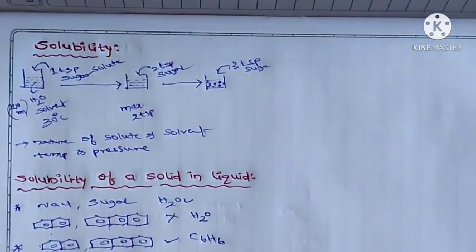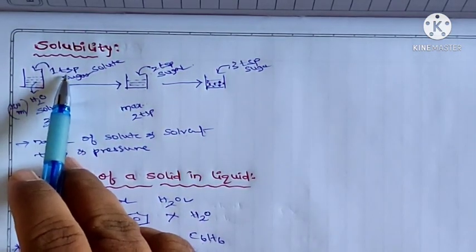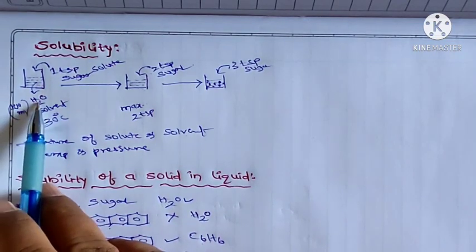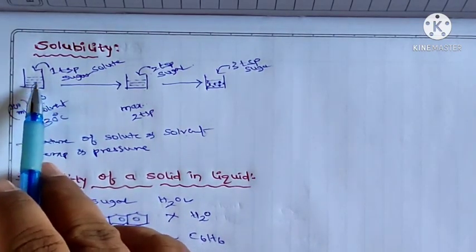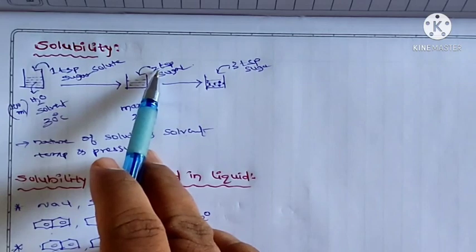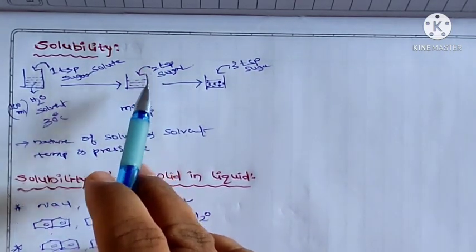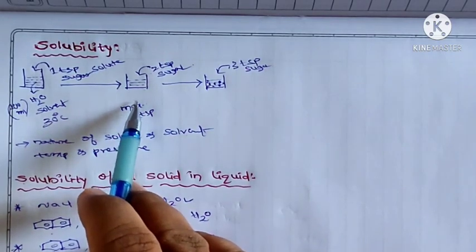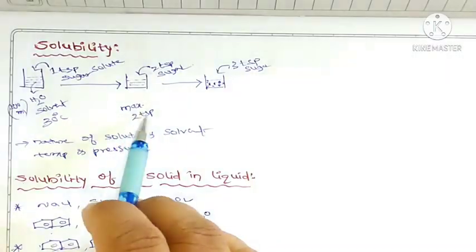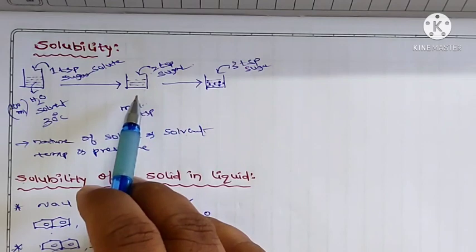So here, if you add 1 teaspoon of sugar to 100 ml water, that sugar can dissolve in the water. If you take 1 more teaspoon of sugar, that sugar also dissolves in the water, so that is the maximum amount of solute.